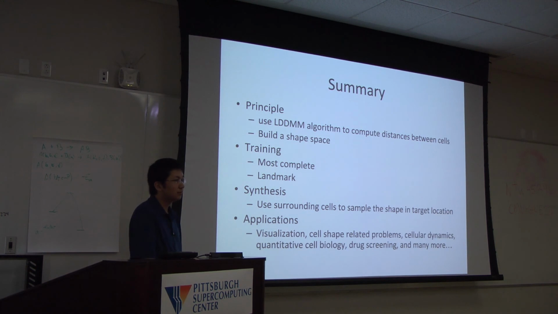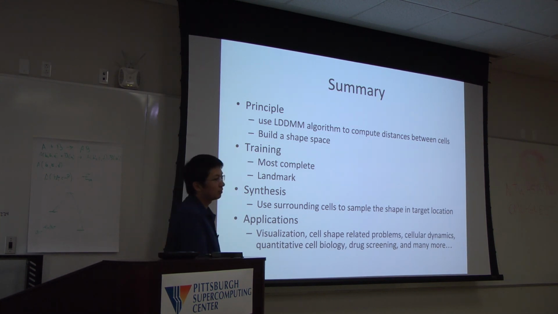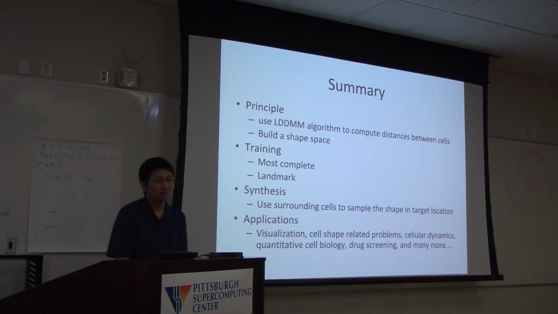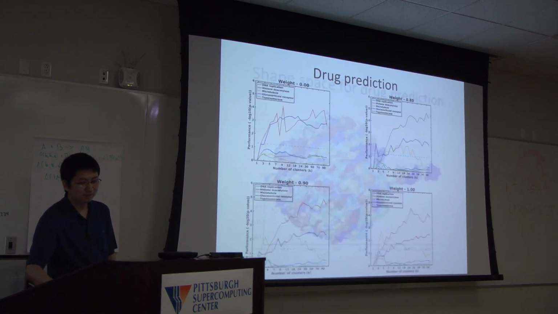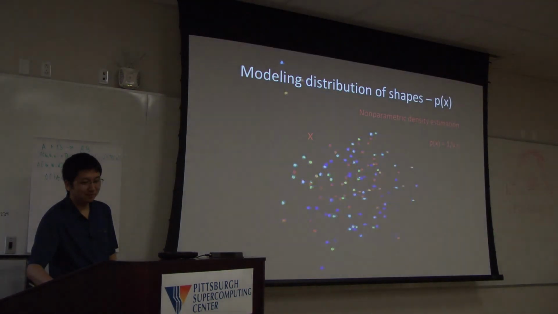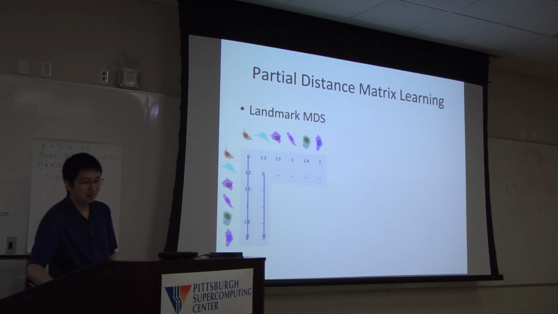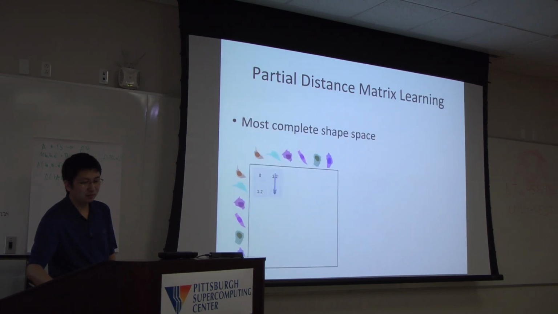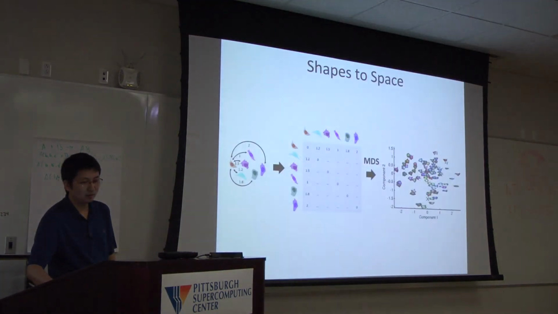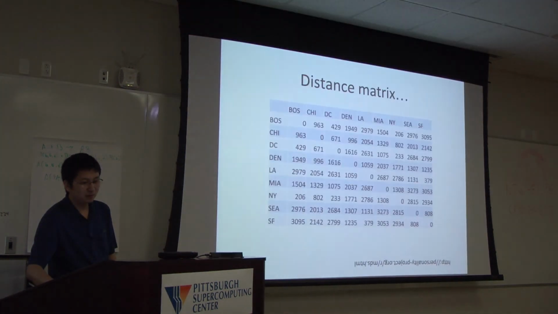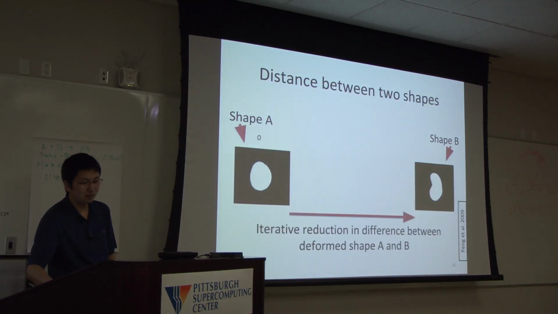So you say the LDDMM algorithm is what's used to compute the distances in shape space between cells, and I didn't quite grasp how that distance is generated. Is it looking at the computational effort required to make that transition between 2 cells, between 2 image shapes?